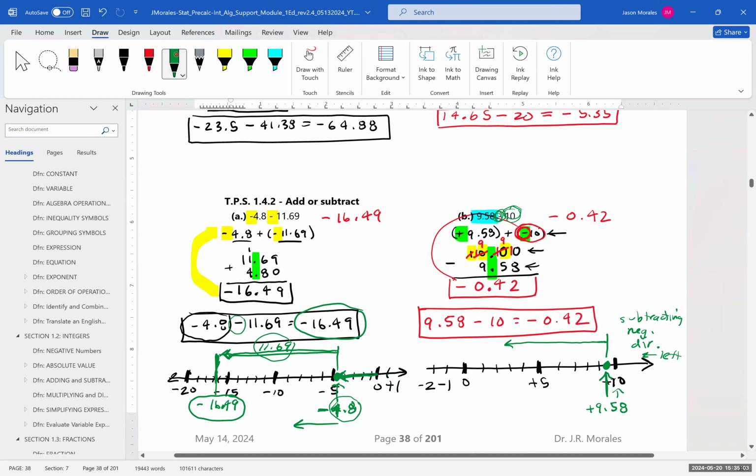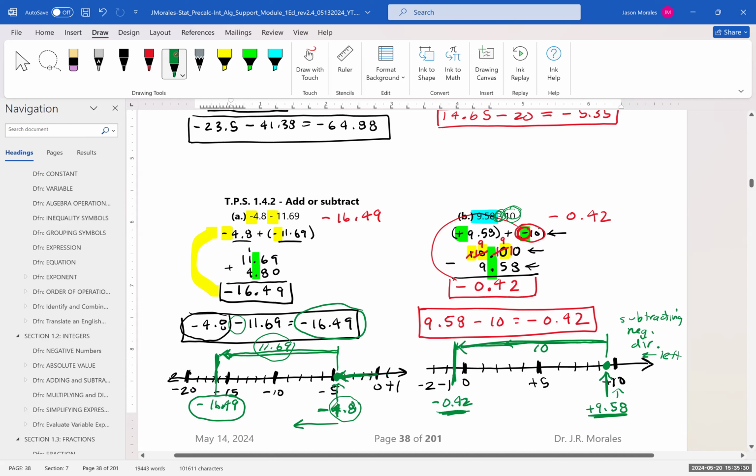When we go to the left a value of 10, we're going to end up right here at negative 0.42. So when we go a distance of 10 in the negative direction from a positive 9.58, we land here at negative 0.42.